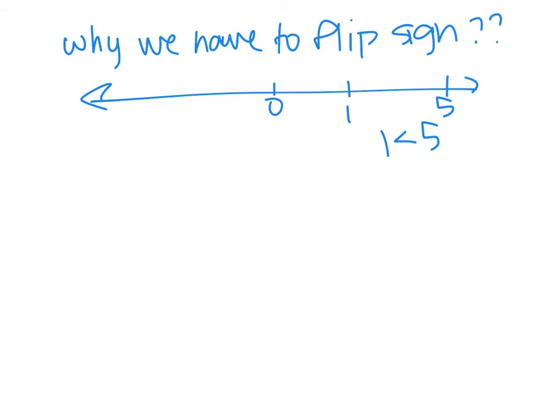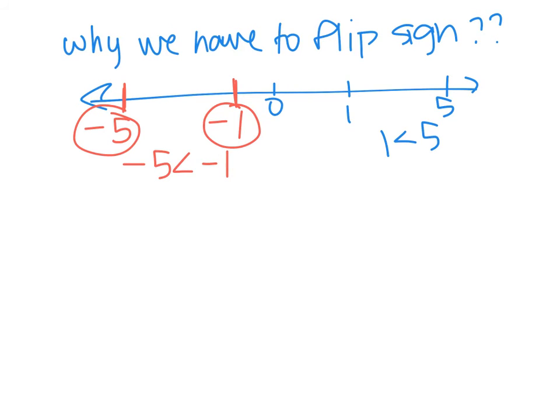But if I take those values negatives, negative 5 is a flip over the 0, and it comes over here. The 1 flips and comes over here. So if I were to multiply each of these numbers by negative 1, notice that now the negative 5 is less than the negative 1. In other words, the negative 1 is greater than the negative 5.